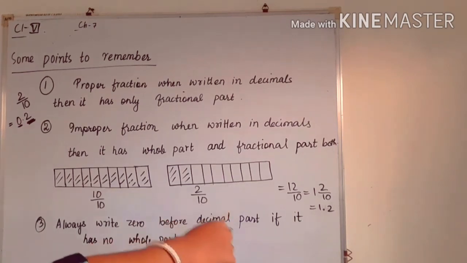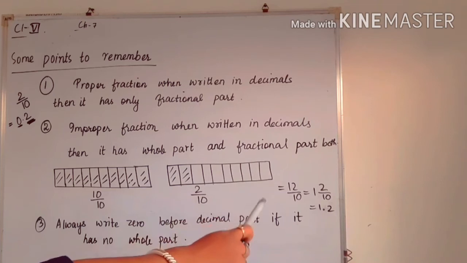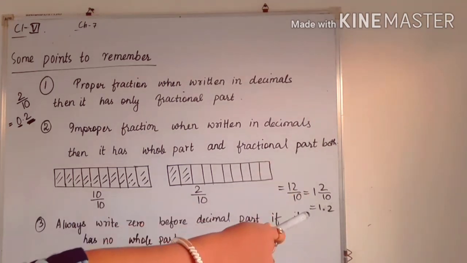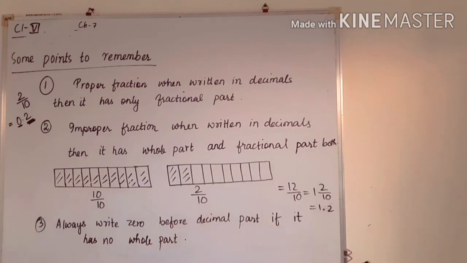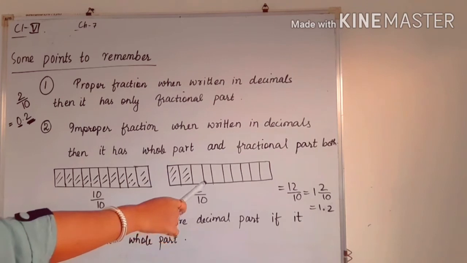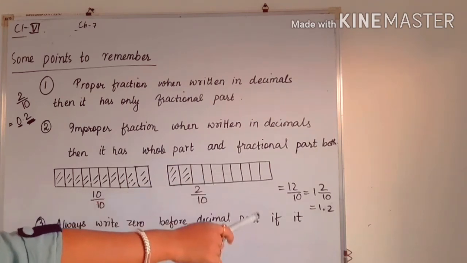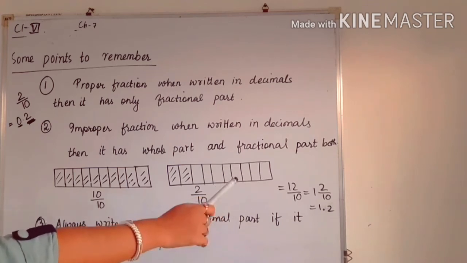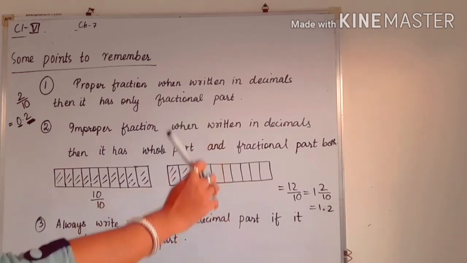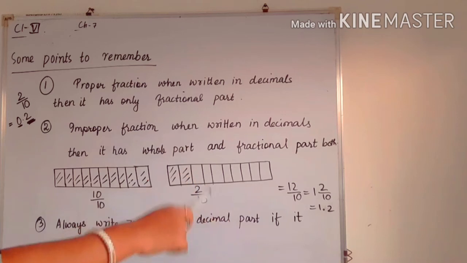So finally we get 1.2: 1 is the whole part and 2 is the fractional part. So this is an example where we write an improper fraction as a decimal number, and in the decimal number both the whole part and the fractional part are there.